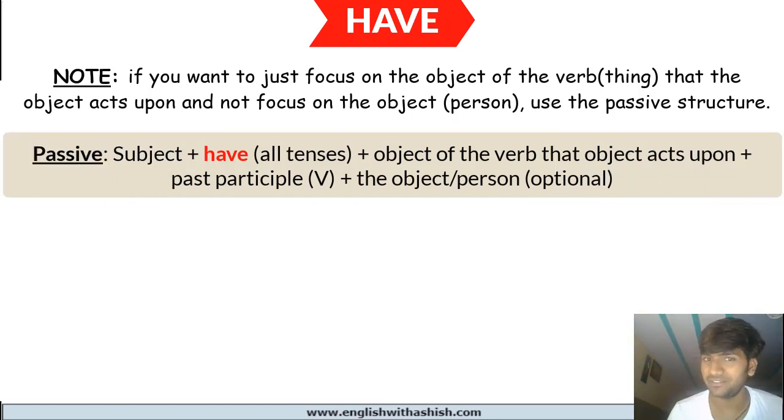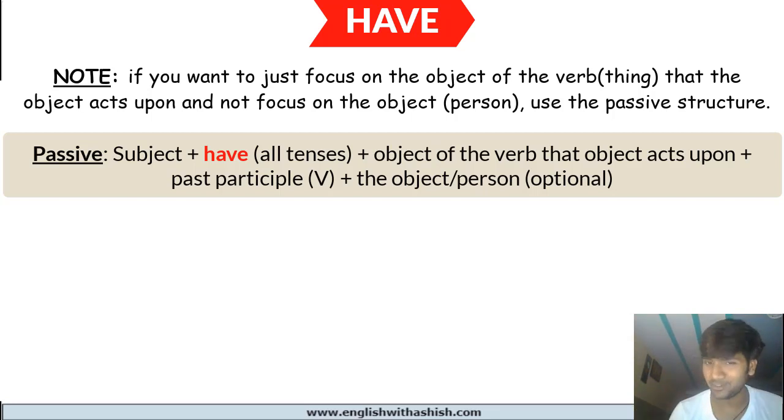First comes the subject of the sentence, then the causative verb have, can be in any tense form, followed by the object of the verb that the person does for you. All right, object that the person acts upon, followed by the verb, past participle, followed by the person that performs that action. This is absolutely optional. You don't have to talk about it. You don't have to add the doer of the action.